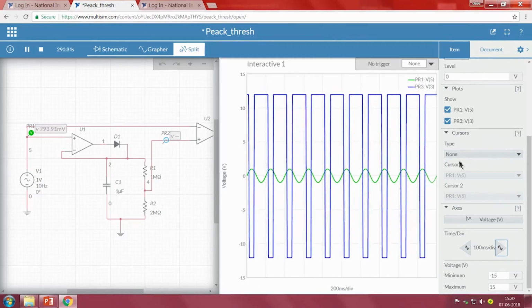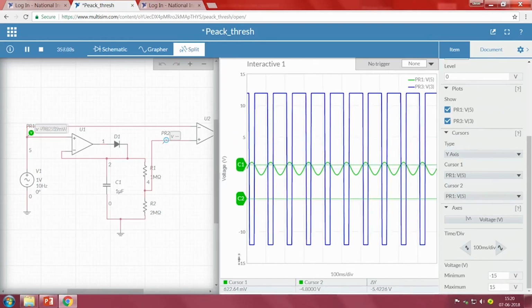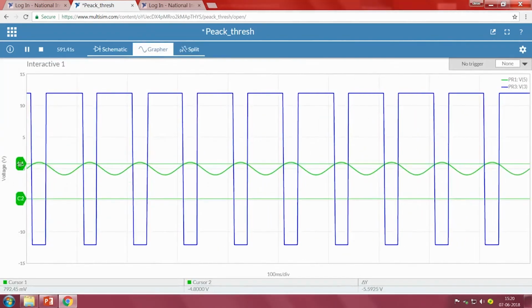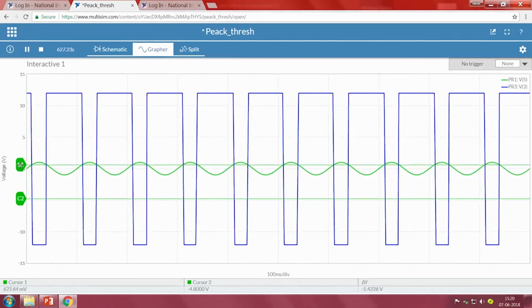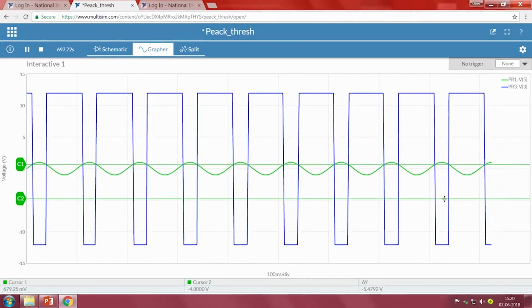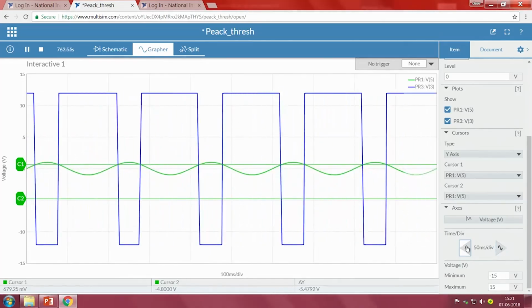So, I will take the y axis cursor and keep it somewhere around, and if we observe the cursor value, it should be somewhere around 666 millivolt. Okay, somewhere around roughly 679, and let me zoom a little bit so that it is easy to understand for us.